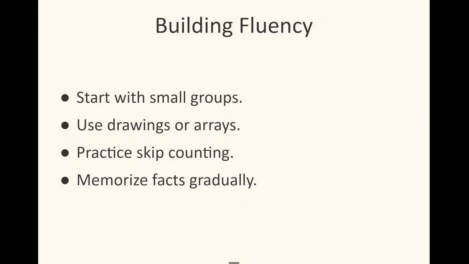So to help understand this better, you can start with smaller groups and use drawings and arrays, and practice with skip counting like we did before, and also memorize the facts slowly. You have to understand all of these before actually doing your multiplications.